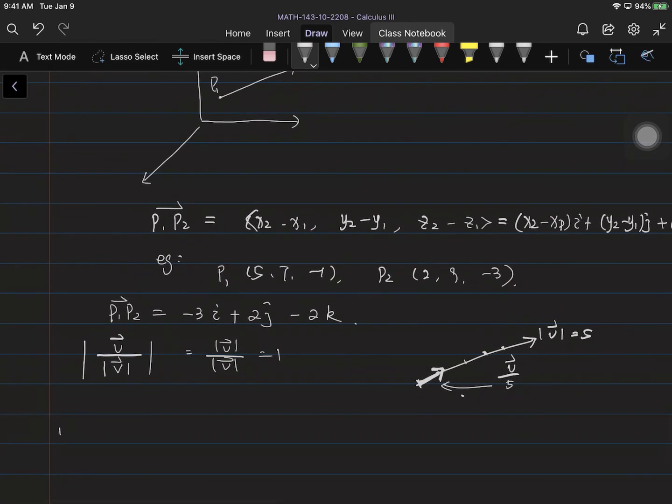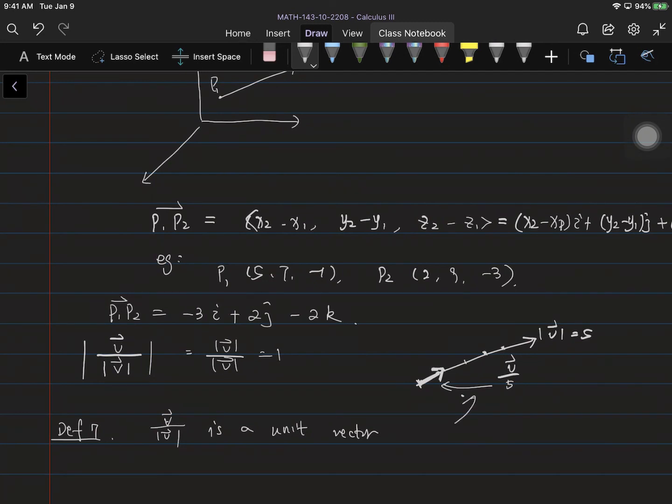So definition 7, how to find the unit vector? The vector divided by its length is a unit vector, and there's a name for this vector: it is a unit vector in the same direction.